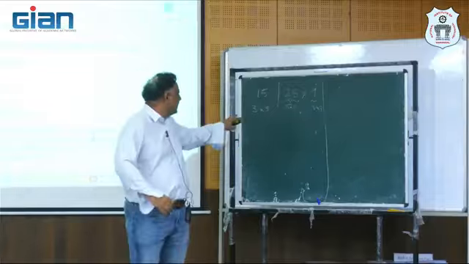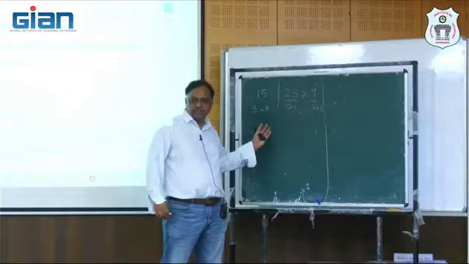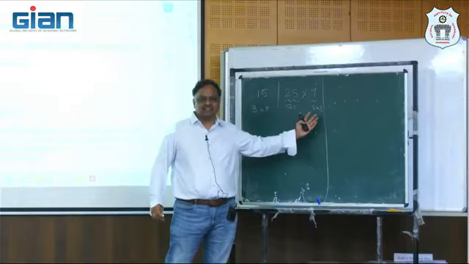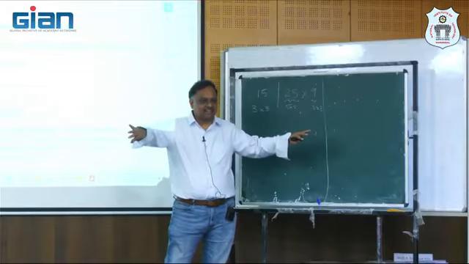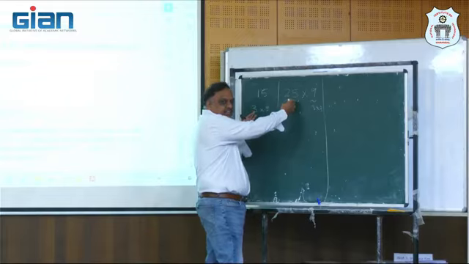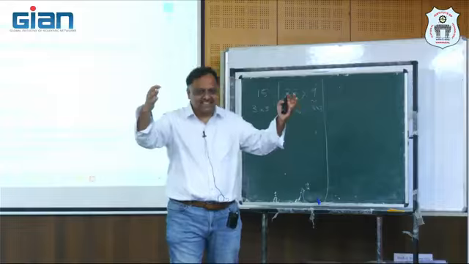That means 3 and 5 are present here. If you do the prime factorization here, they must be here. But they are not fully contained here, they are not fully contained here. So they must split. Now once they split, that means you have a non-trivial GCD here. Once the factors are splitting, a non-trivial GCD is there.